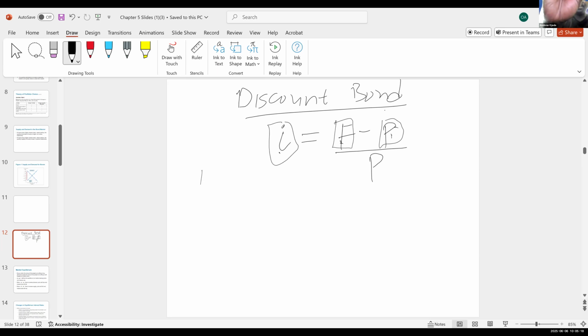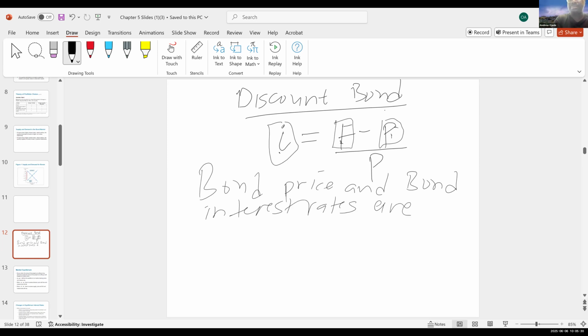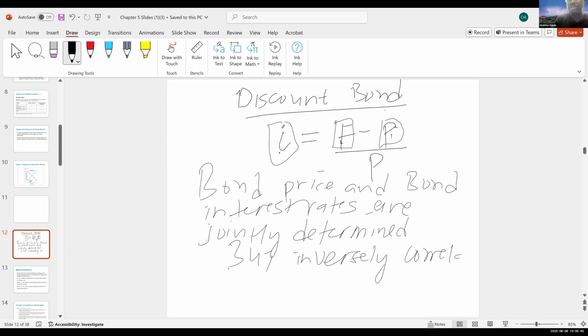So bond price and bond interest rate are jointly determined, but of course inversely correlated. Even though they're jointly determined, they move in opposite directions.